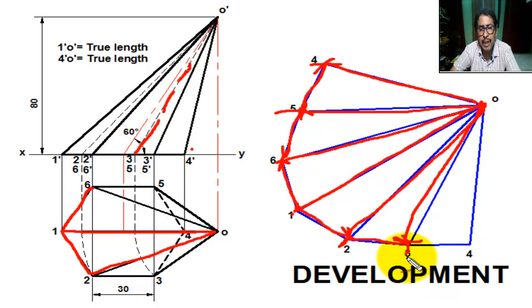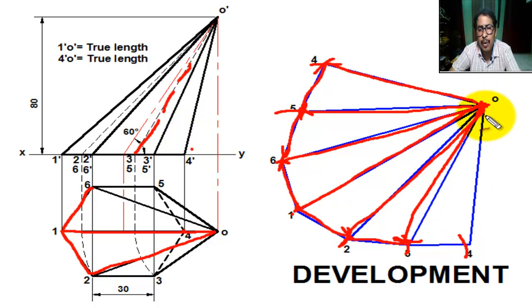Next, 3, 4 is 30 millimeter. With pencil compass, from this point draw the arc, and O4 is the true length of O dash 4 dash.